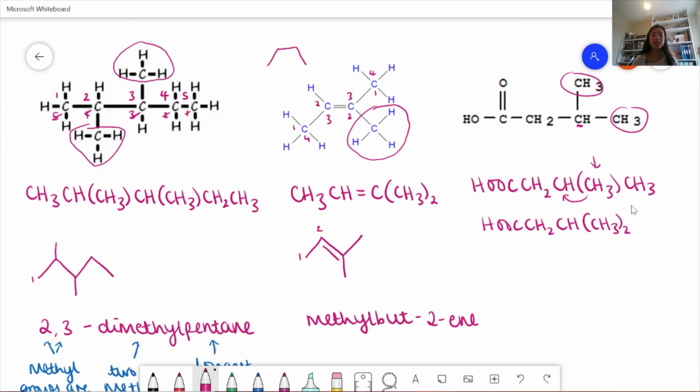Now moving on to the skeletal formula, again we identify the longest chain, so in this case it would be a chain of 4 carbons, and so again I'm going to draw the skeletal formula for 4 carbons, to the second carbon, to the third carbon, to the fourth carbon, so that's my 4 carbons. And then what I do is on the end of this first carbon I'm going to attach an OH. And the really important thing to remember is that we don't assume that this is a carbon.